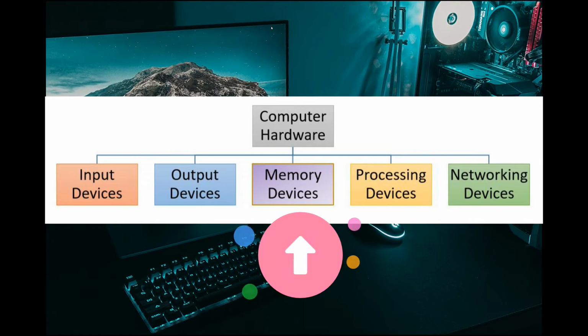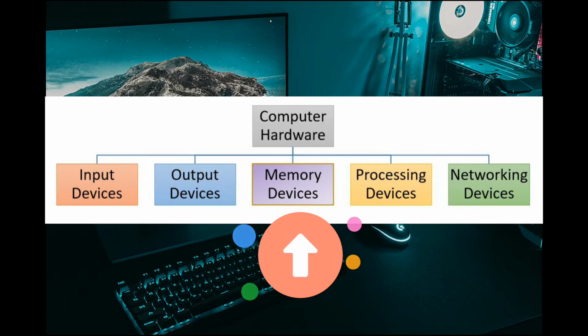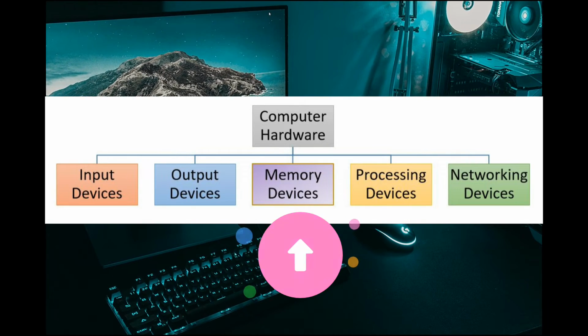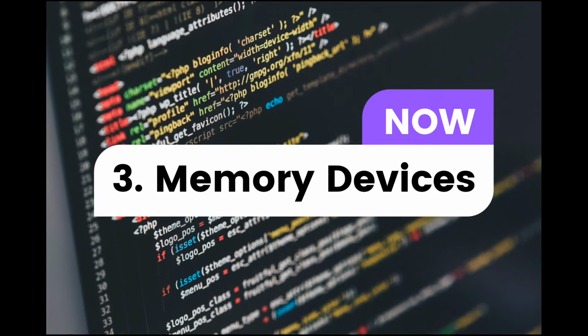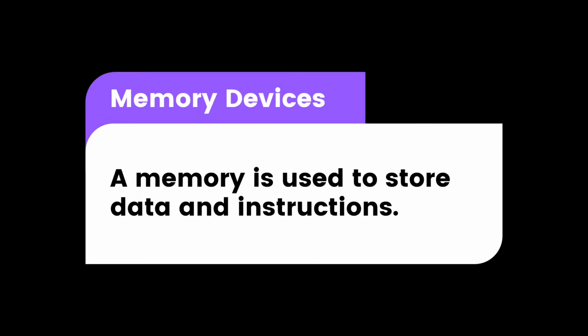Let's learn about the third category of computer hardware, that is, memory devices. A memory is used to store data and instructions.